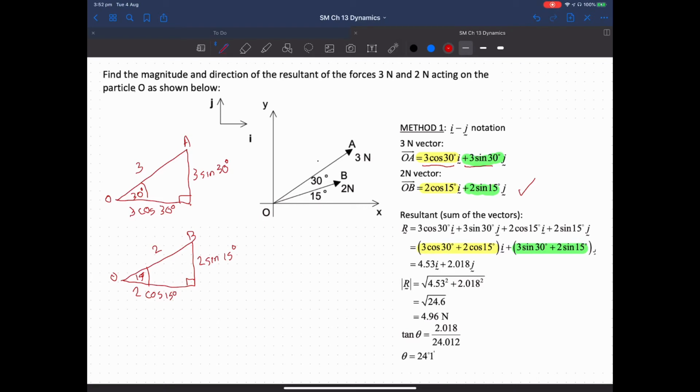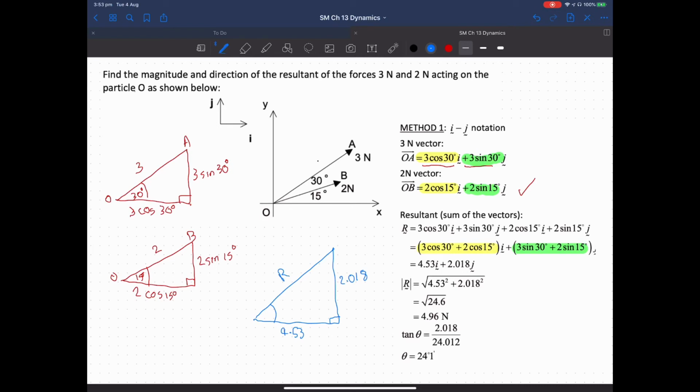So the magnitude and the direction. Just to visualize what is happening, what we have is another right angled triangle. The magnitude of R, I'm just going to write as R, is the length of that hypotenuse. We know 4.53 in the I direction will be our adjacent side, and we know 2.018 in the J direction will be our opposite side.